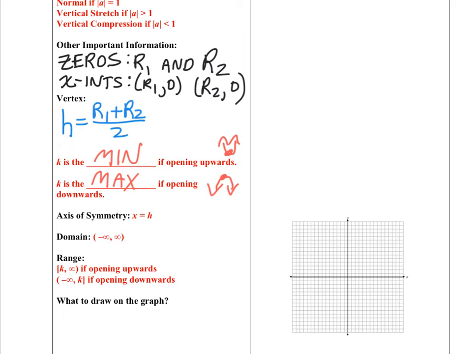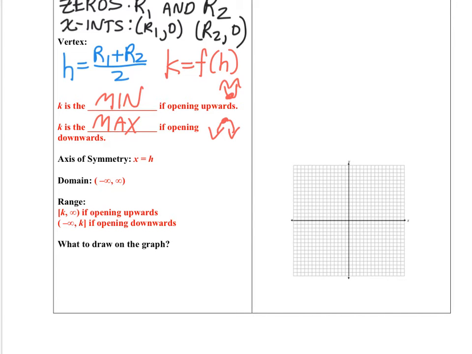So the x-coordinate of the vertex, or the h, will be r1 plus r2, all divided by 2. And then whatever value we get, we can substitute that into the function, and that'll give us the y value of the vertex.